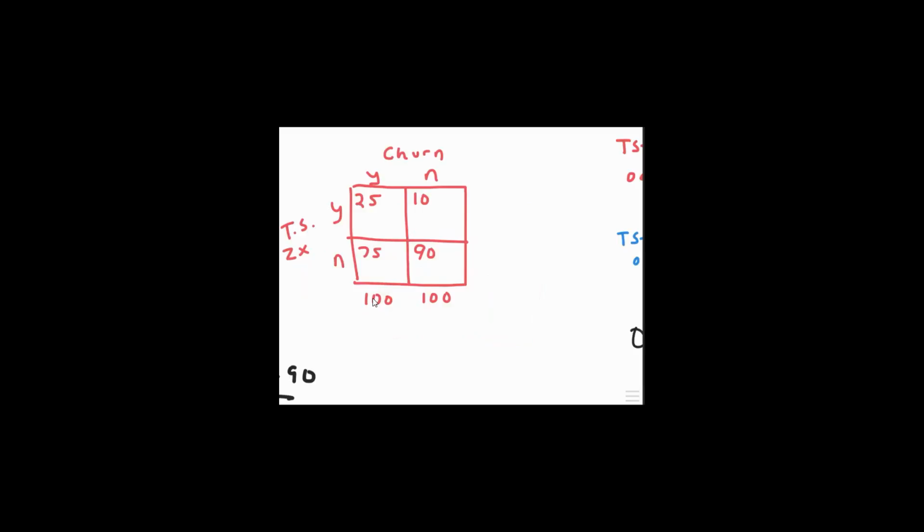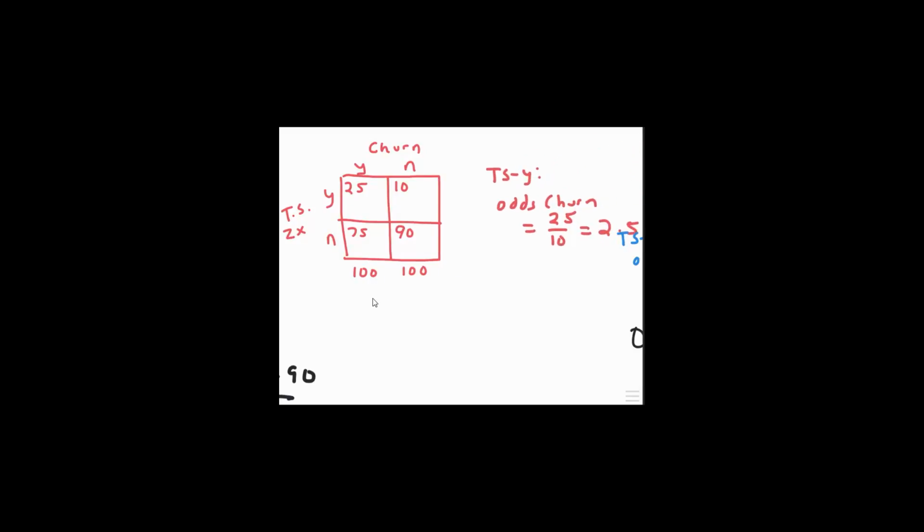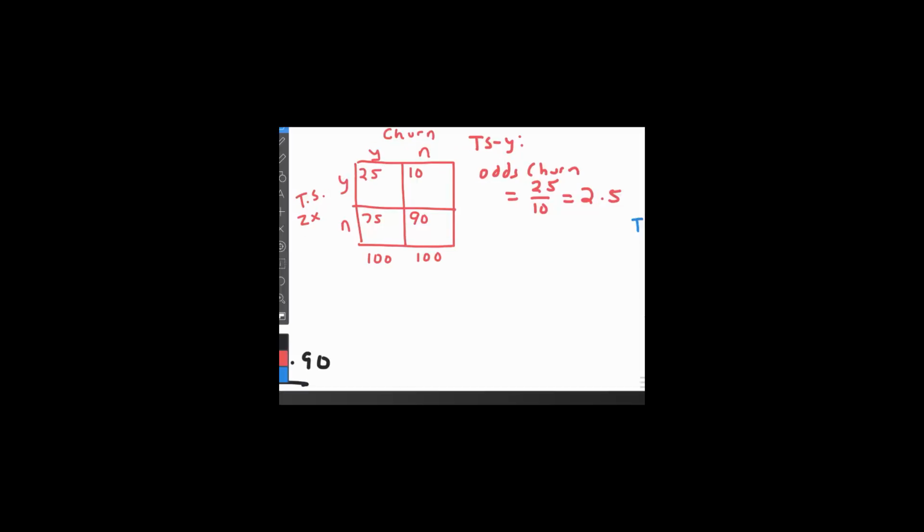So a couple of ways you can go about this. And this is one that I'll give, and you can use it, and I usually do. So among those who said yes, we're over here. Among those who did have technical support at least 2 times, the odds were 25 that said yes and 10 that said no. Remember, if you want to look at it this way, success over failure, or presence of the outcome over not presence of the outcome.